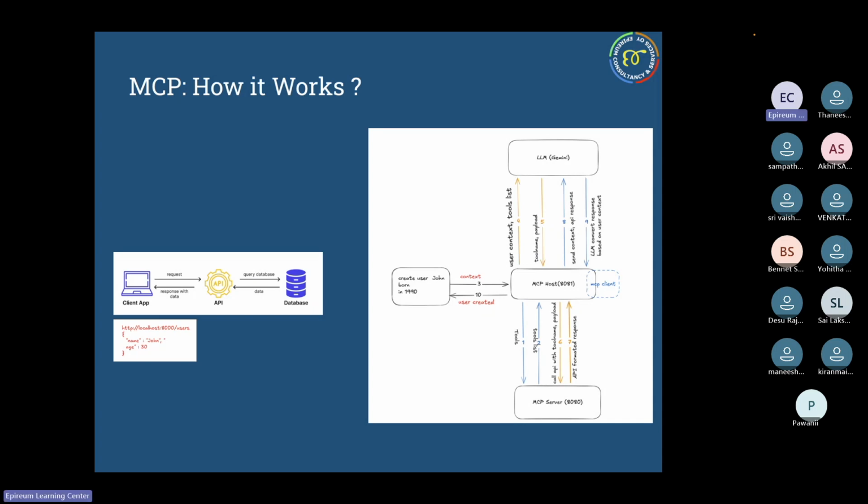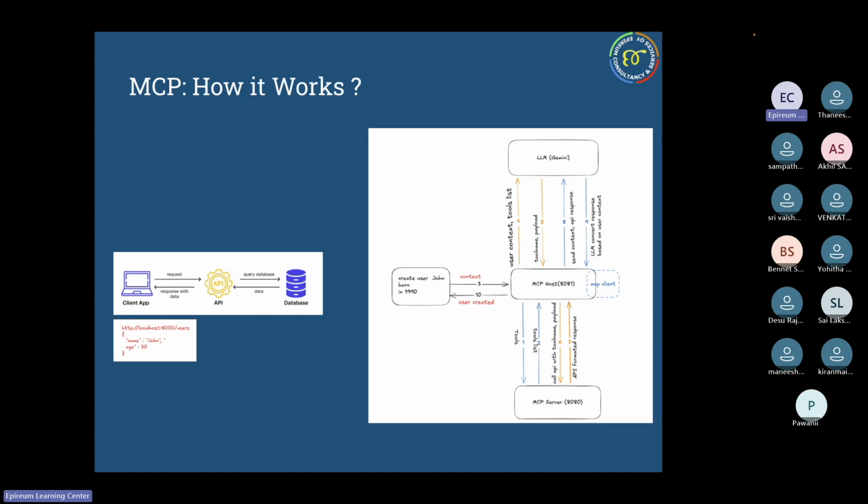You see the numbers there, 1 2 3 4 5 6. This is the order we are going in now. So when you bring the MCP host up, first it will go and take all the information from the MCP server. The MCP server's responsibility is to provide a list of tools available from its side to the MCP host.